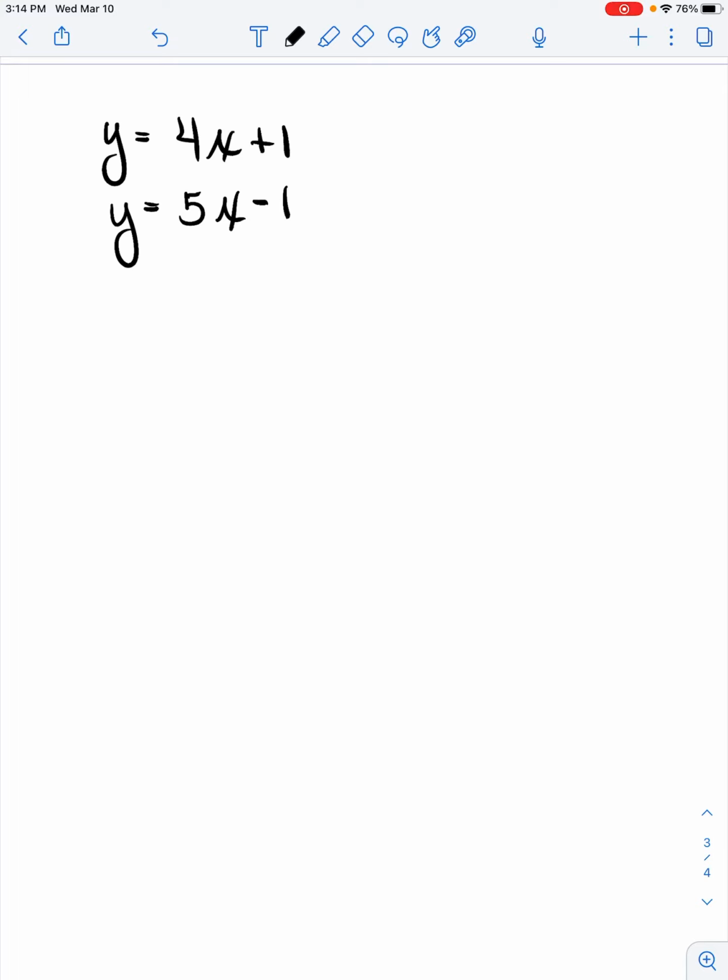How is that possible, that y can be equal to these two things? The only way that can be possible is if these two things are equal to each other. So if y is equal to both of them, then 4x plus 1 has to be the same as 5x minus 1.